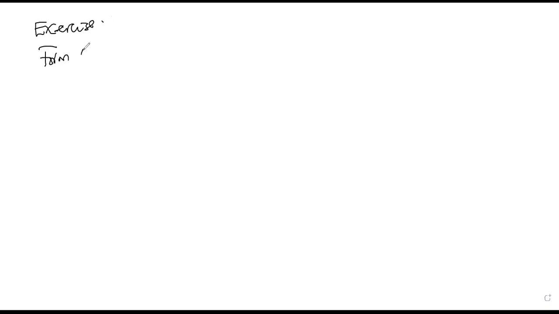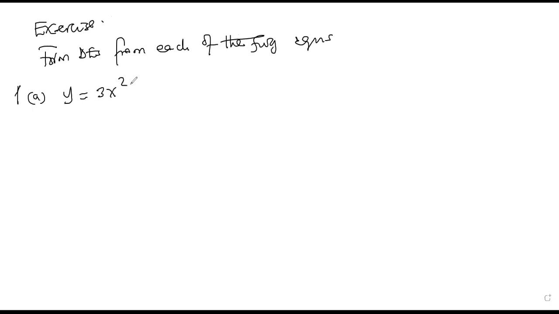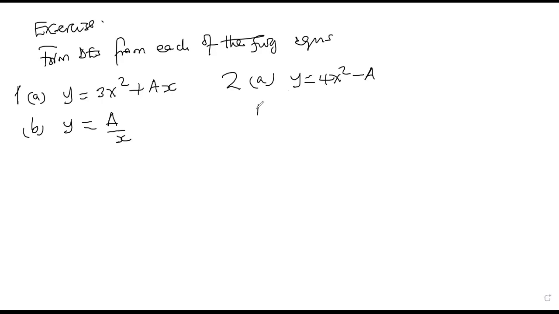Form differential equations from each of the following equations. Number 1a, y is 3x squared plus ax. 1b, y is a over x. Number 2a, y is 4x squared minus a, while b, y is a e to the x squared.